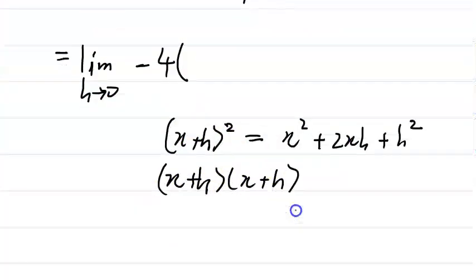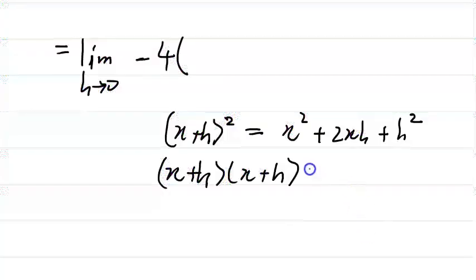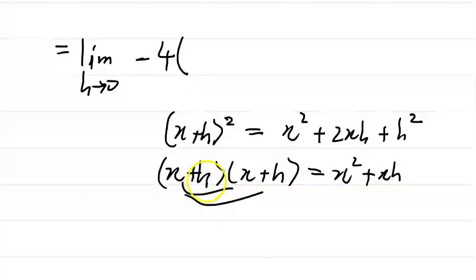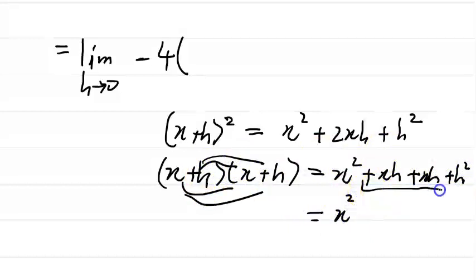You can also use the FOIL method here, which is basically x plus h, and then you say x times x is x squared, and then you get plus xh, and here plus xh again, and then plus h squared, which is going to give you the same thing, x squared.